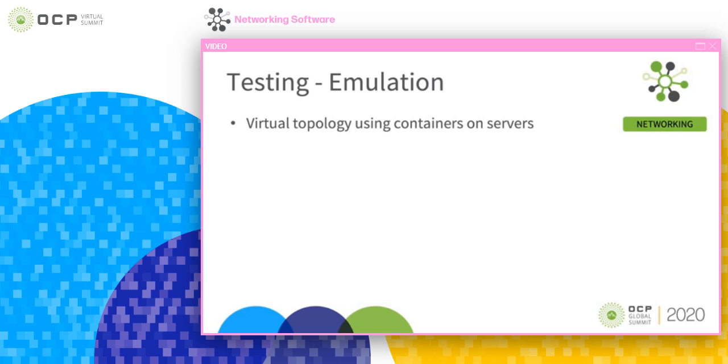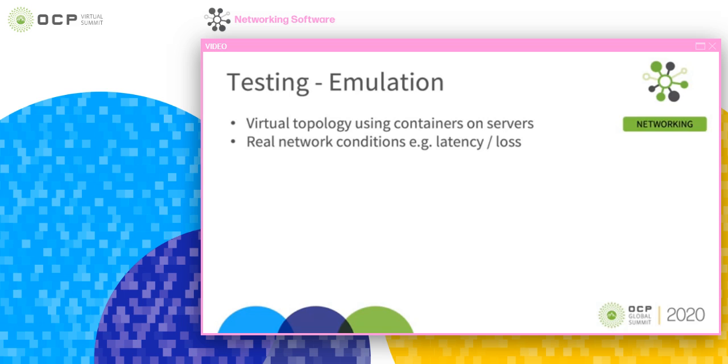Further, using physical resources, such as network devices, is expensive, and hence we cannot have many network devices to build large-scale testing topologies. In order to solve this, we use a virtual topology that uses containers as the network nodes that are hosted on the physical server. A physical server can host up to several dozen, like 40 to 50 containers.